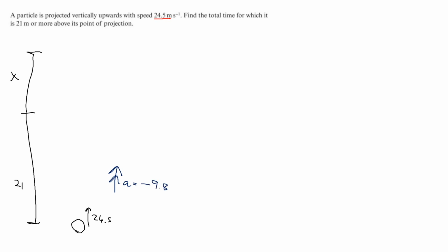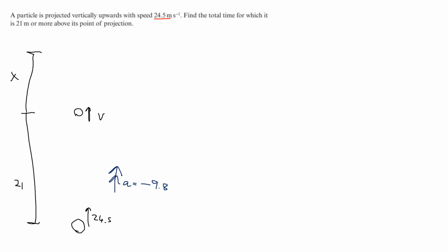Okay? Now, remember what we did last time. The first thing we want to know is the final velocity over here. Yeah? Because if we get the final velocity here, we can work out the time it takes for it to decelerate back down to 0. And then we can double that.